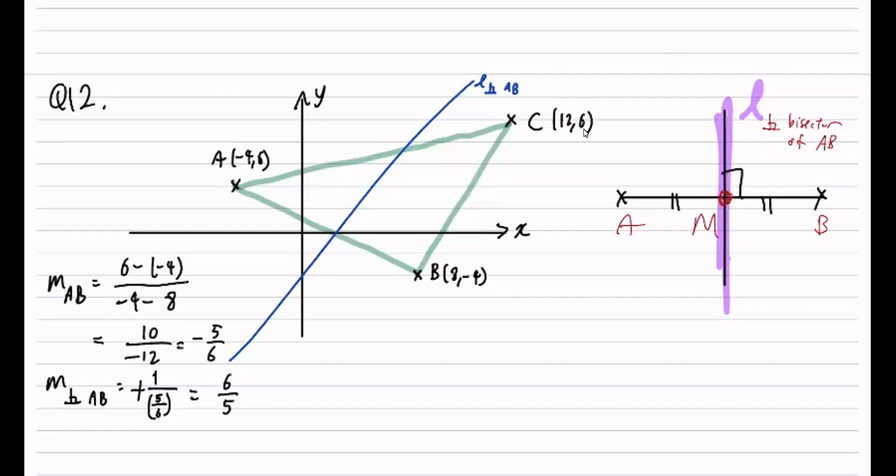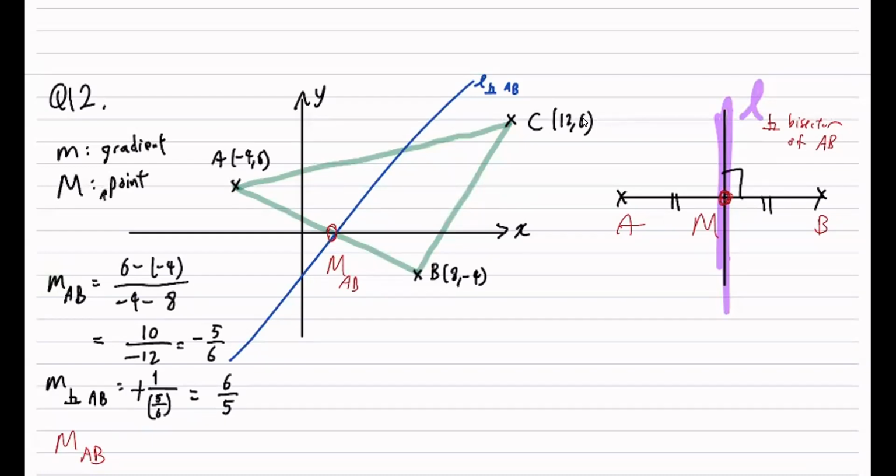What else do we want? The equation of the perpendicular bisector of AB. Not enough, because it's a bisector, it also passes through the midpoint. So that's called M of AB, capital M AB. Take note of the difference here. Little m is gradient, capital M is midpoint, a point.